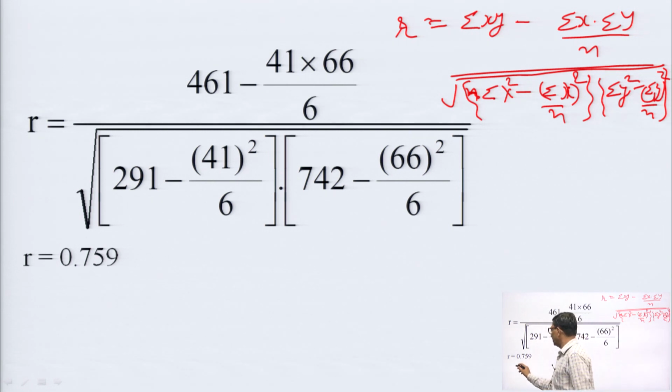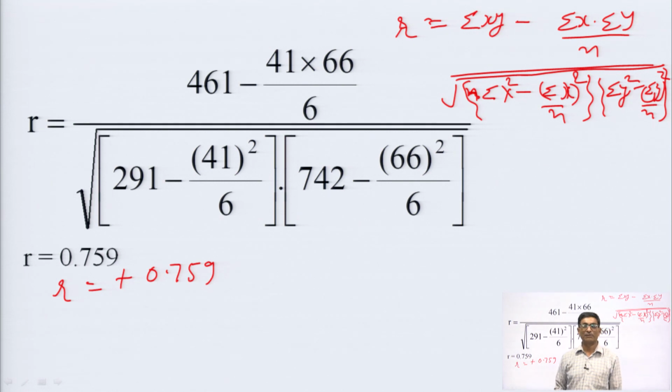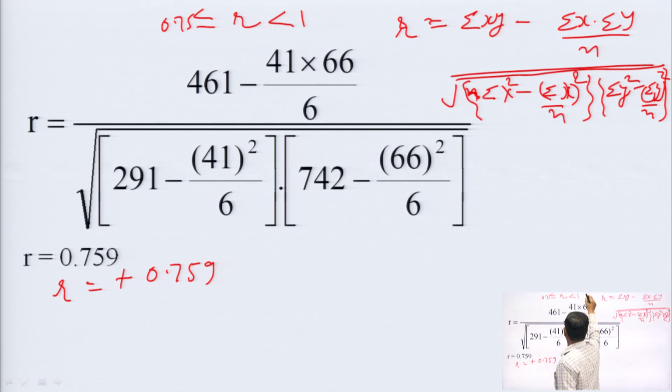This value of r lies between 0.75 and 1, so we say it is a strong correlation.